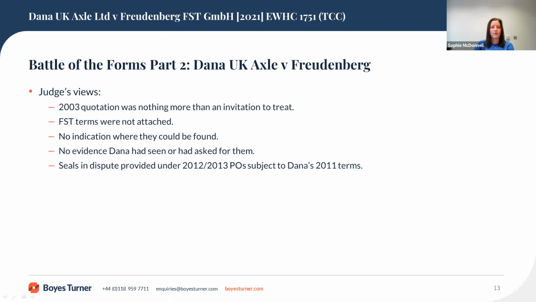FST said that there was no contract in 2012 or 2013, and the purchase orders were post-contractual documents which were administrative, but the judge disagreed with that argument. The 2013 purchase order was for a particular part which had previously been supplied to Dana Austria and was also subject to Dana's 2011 terms.